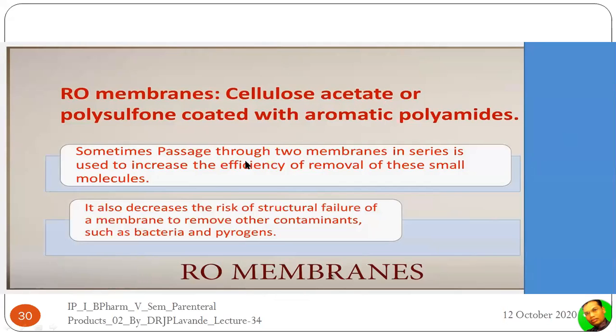Sometimes passage through two membranes in series is used in order to increase the efficiency of removal of these small molecules. We need to pass it through multiple layers or several membranes in order to achieve the efficiency of removal. It also decreases the risk of structural failure of a membrane to remove other contaminants such as bacteria and pathogens.